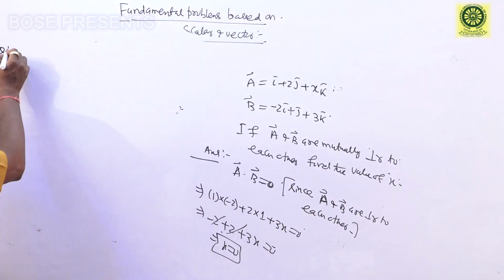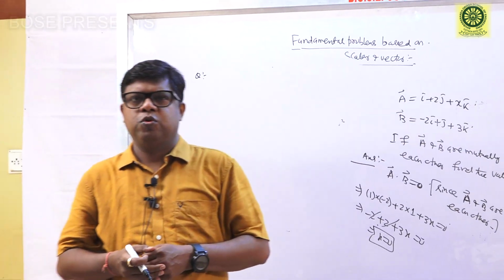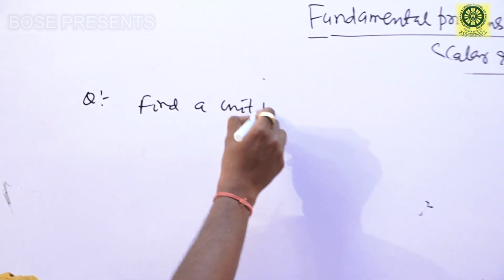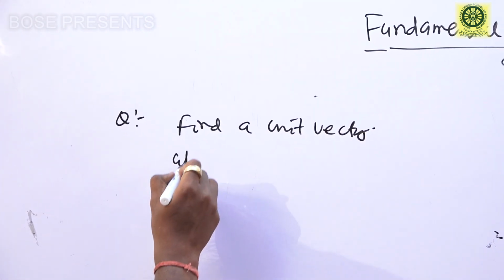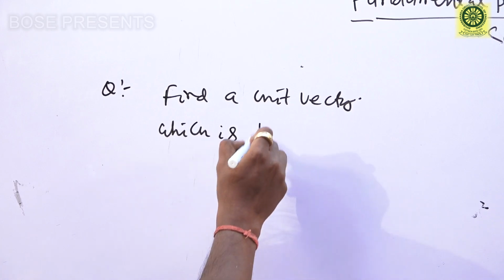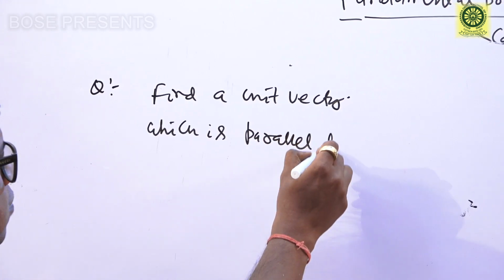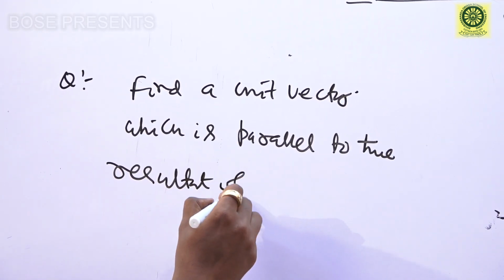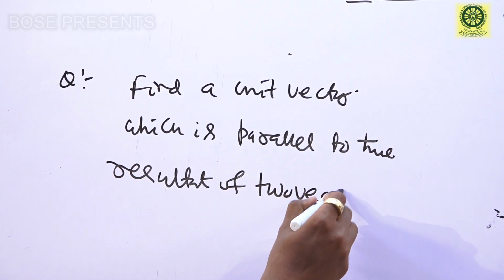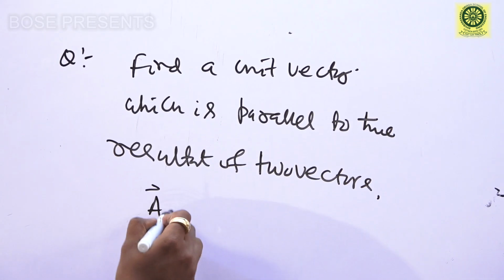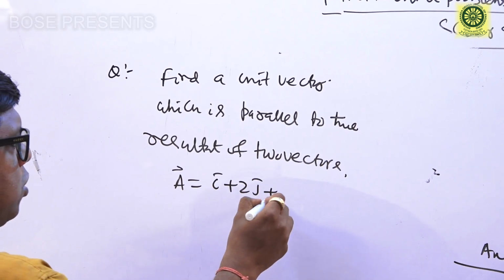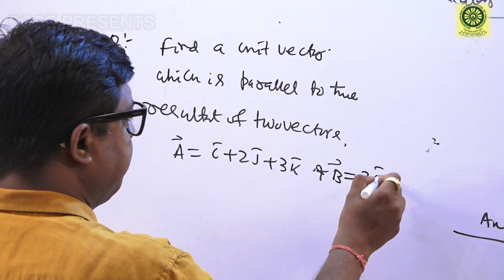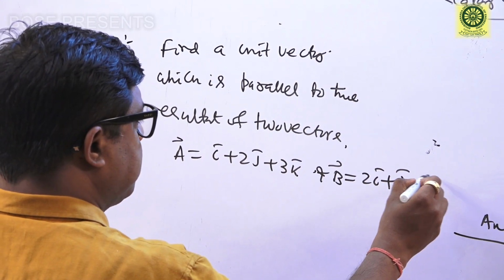Next question, we will discuss: find a unit vector which is parallel to the resultant of the two vectors, vector A is equal to i cap plus 2j cap plus k cap and vector B is equal to 2i cap plus j cap minus k cap.